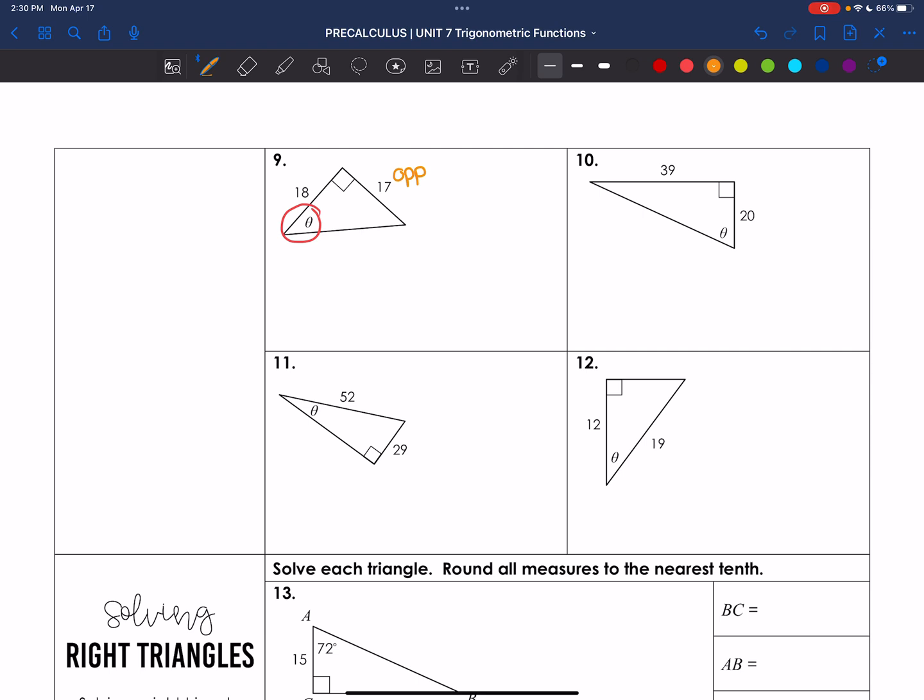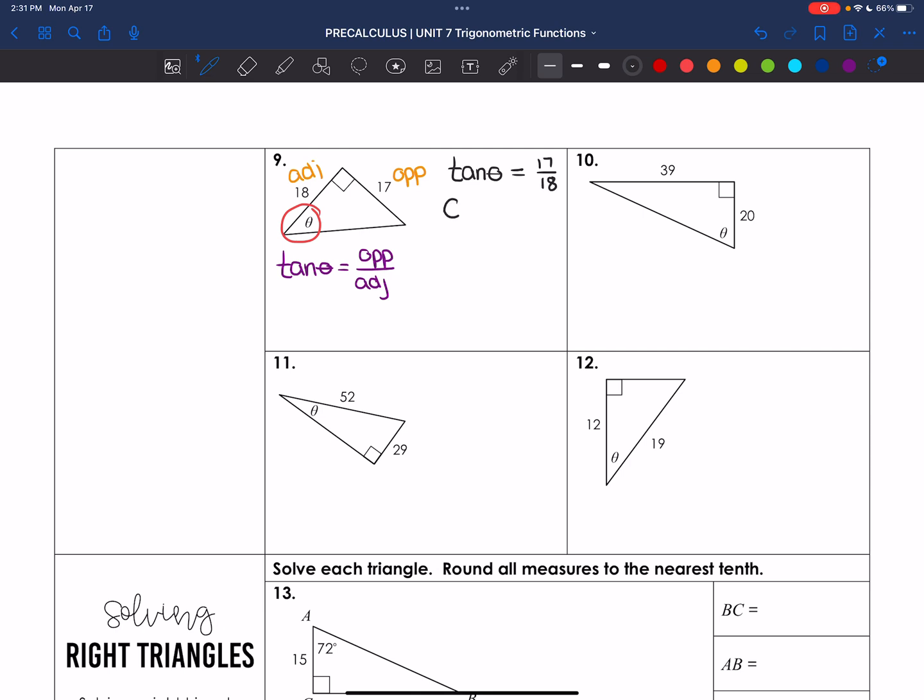And 18 is the adjacent. So we've got an example of a tangent function that we're working with now, which is opposite over adjacent. Let's substitute those values in. Tangent of theta is 17 over 18.